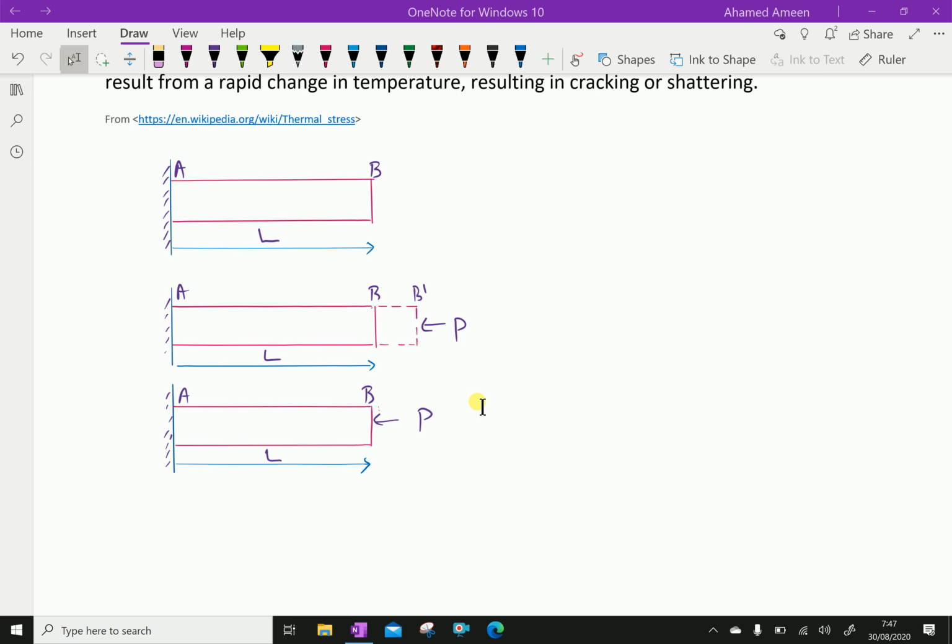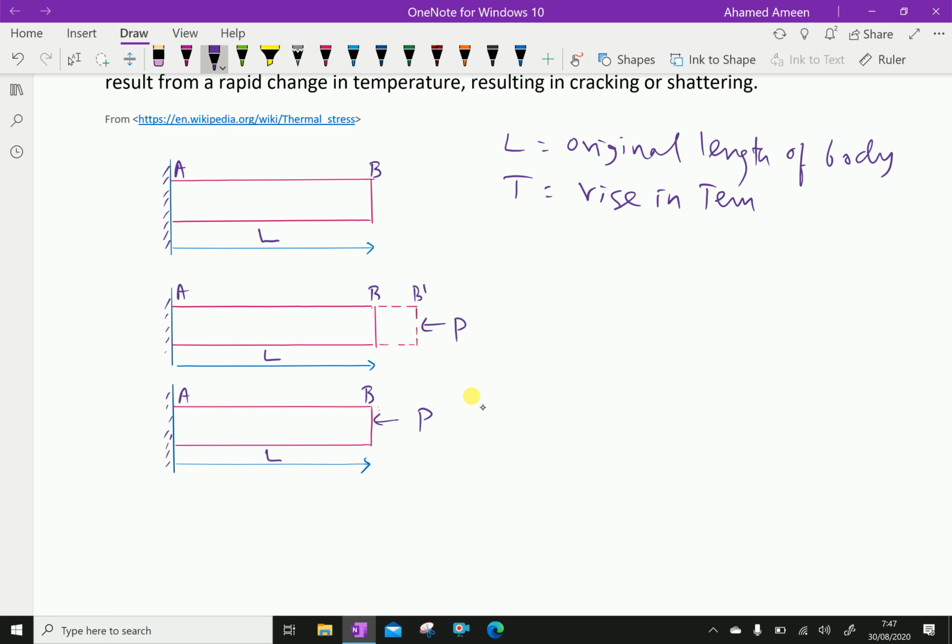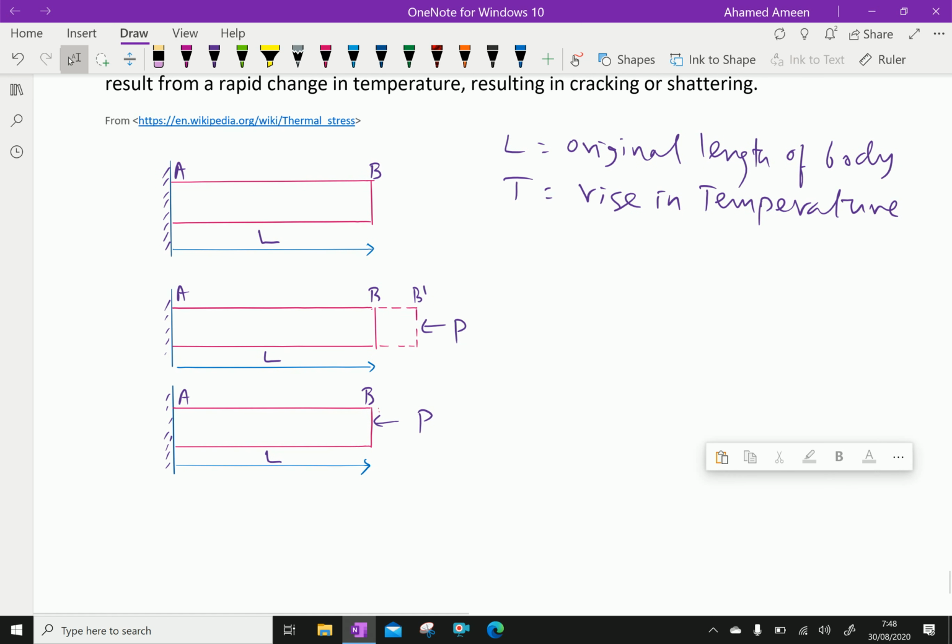Let L equal the original length of the body. T equal the rise in temperature of the body. E equal Young's modulus.